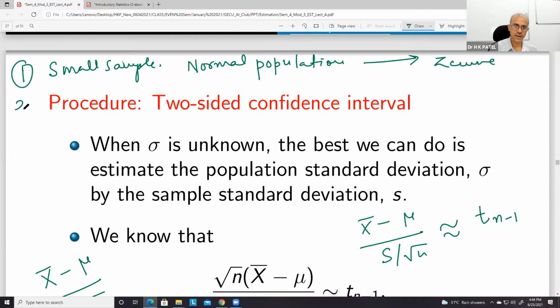The second problem we have seen is a large sample. It doesn't say anything about the population, but since the sample is large, we can use the Z curve.